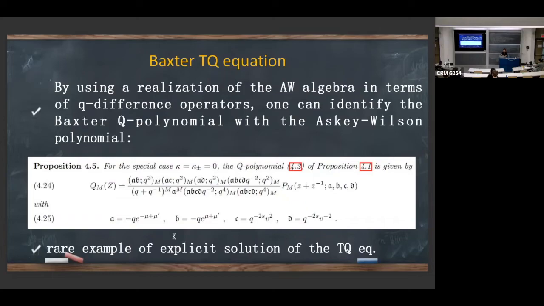I think it's very few cases. One case, for example, that I think people know the explicit Q polynomial is the case that Gilles mentioned to us, the delta -1/2. I think we can write such a polynomial explicitly, but this is very rare.